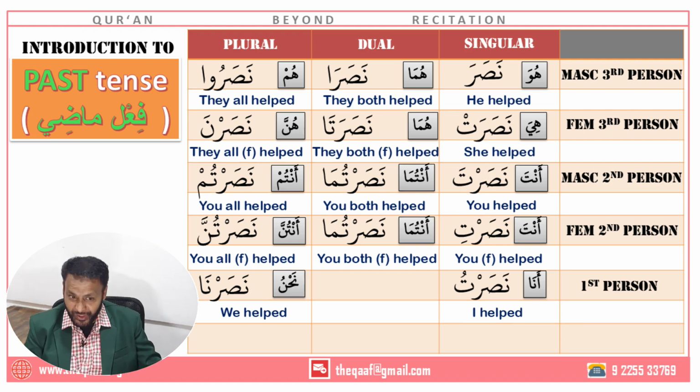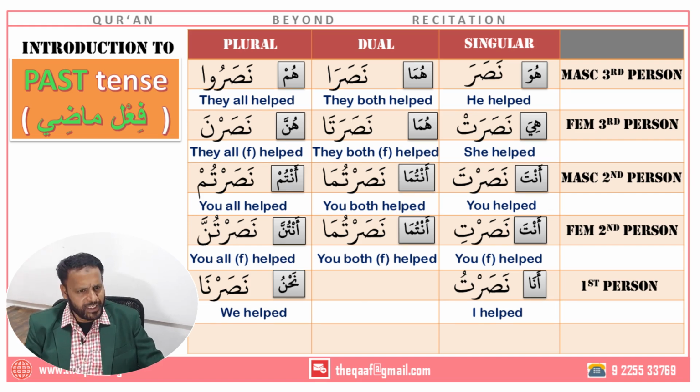Again I am telling you, this is not official, this is not how the words were originally made. This was not the thought process. These are just unofficial hints to help us recall these words. Nasara, the base word you should remember and then build upon it. Add an alif, dual. Add a wow, plural, nasaru. Okay, got the first row: nasara, nasara, nasaru. It's all masculine: singular, dual, plural.